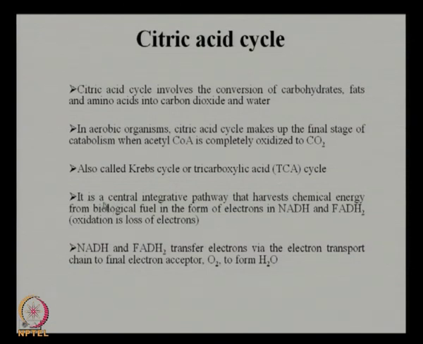It is a central integrated pathway that harvests the chemical energy from biological fuel in the form of electrons in NADH and FADH2. NADH and FADH2 then transfer the electrons via the electron transport chain to the final electron acceptor, oxygen, to form water, and here cellular respiration is completed.